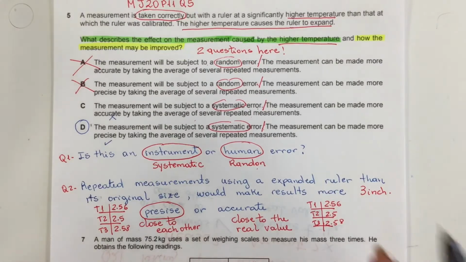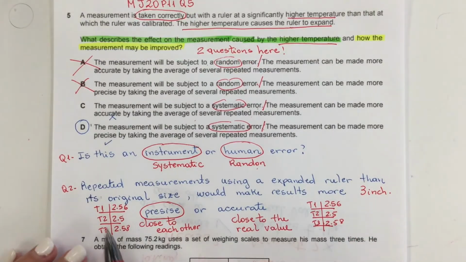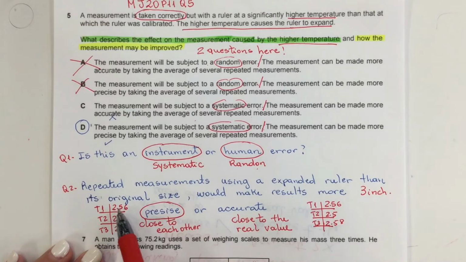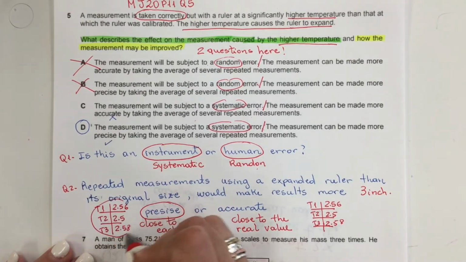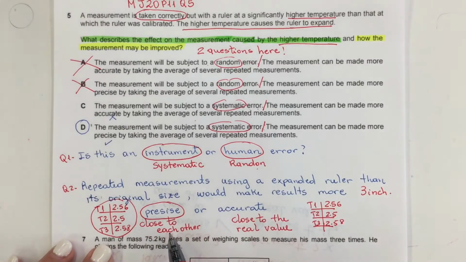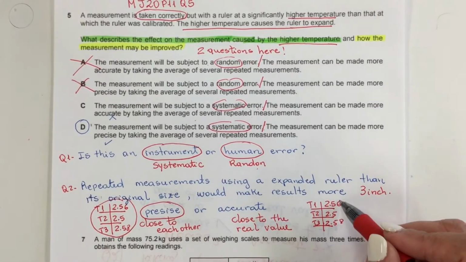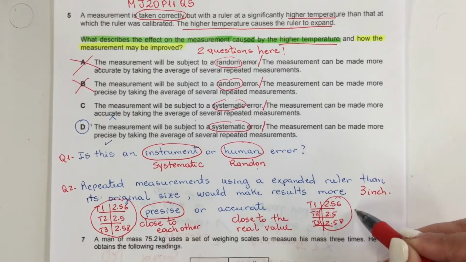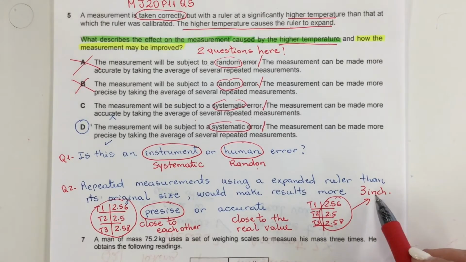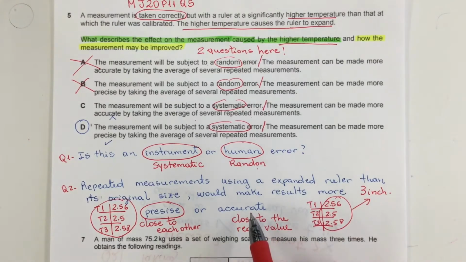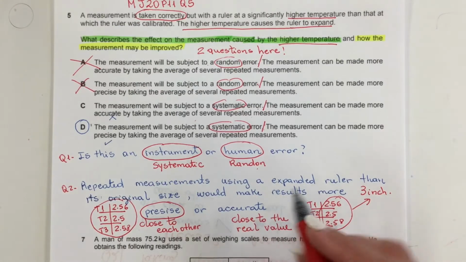To give a numerical example, if you take 3 trials and you read the length of the pencil as 2.56, 2.5, 2.58, yes, they are precise because the results are close to each other. Now, when you look at these, they are not equal or close to the real value, so it's not accurate.